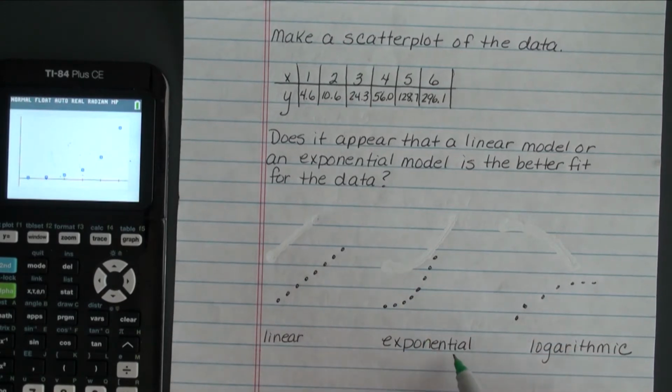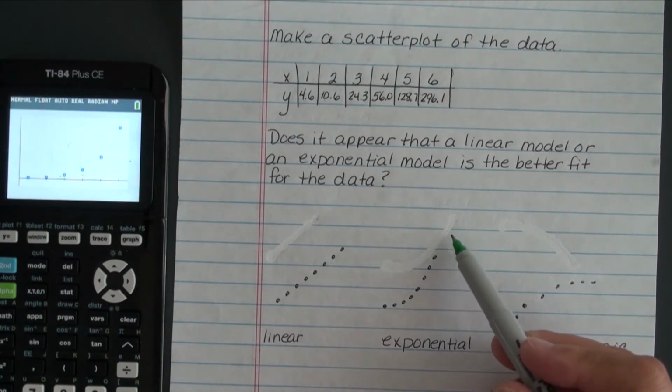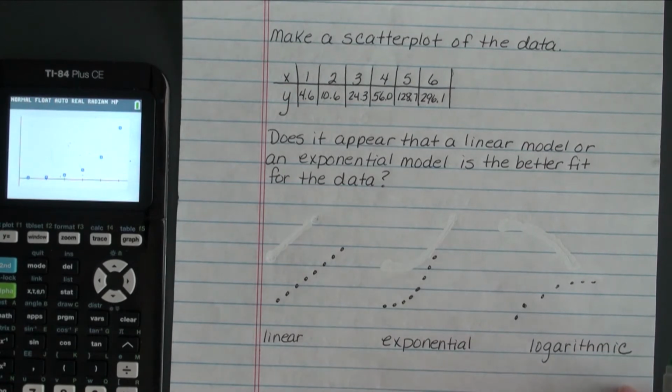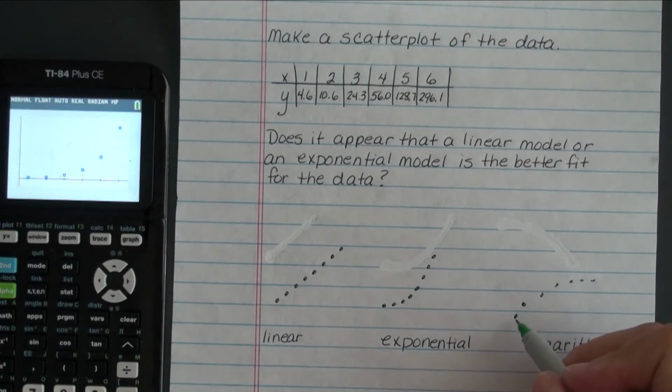An exponential model is a model in which the points appear to grow rather quickly as you go from left to right. And a logarithmic model, which we will talk about in a moment, is a model in which the points grow but at a much slower rate and they appear to level off.